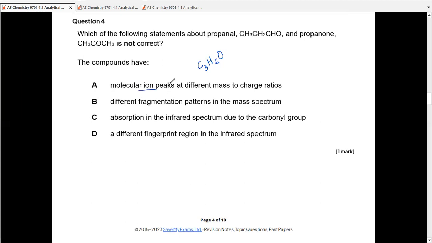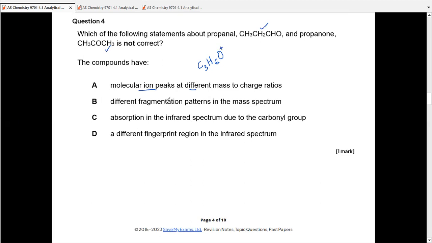So the molecular ion peak for both of them, C3H6O positive, would be the same for this one as well as for this one. So this is the only statement which is not correct, because if it were the same, only then it would be a correct statement. Being different means it's not correct.